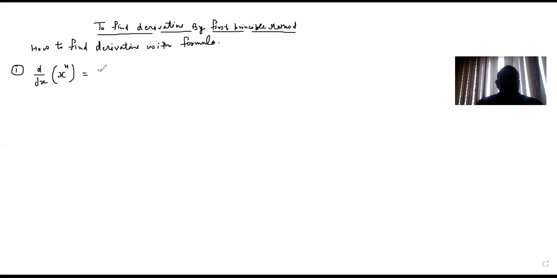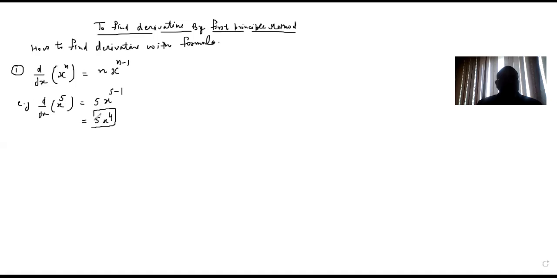This is always equal to constant comes at front, this is variable, n minus 1. For example, if I will write derivative of x^5, this is equal to constant comes at front, x^(5 minus 1), which is equal to 5x^4.